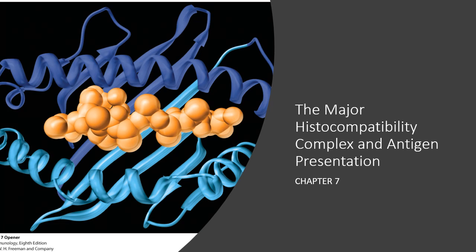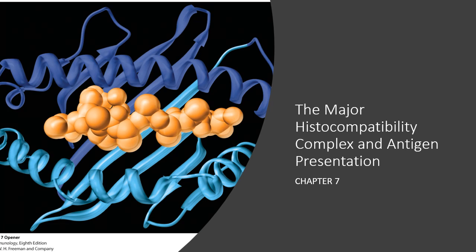For a T cell to be activated, it actually has to see its antigen, its little protein fragment, in the context of MHC. What that means is you have to have this other protein on the surface of your antigen-presenting cells. That's dendritic cells or macrophages. It serves as a little pedestal that holds your peptide, this orange-colored piece, and allows it to be detected by the T cell receptor.